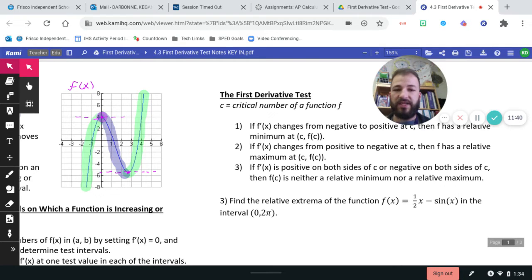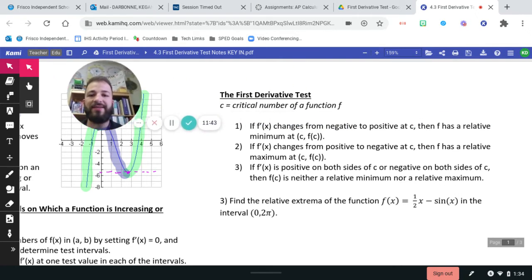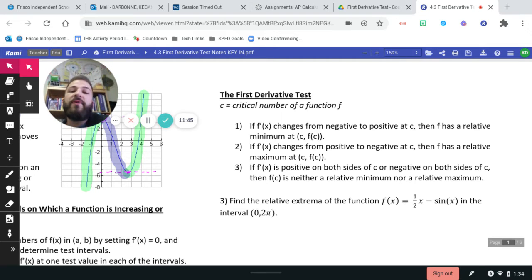Okay. So our 3 cases that we could have is if f prime changes from a negative to a positive, then f has a relative minimum. Okay. So if I'm going from a negative value to a positive value, then that means I have a relative minimum at that critical number. If f prime changes from a positive to a negative, then f has a relative maximum at that number.